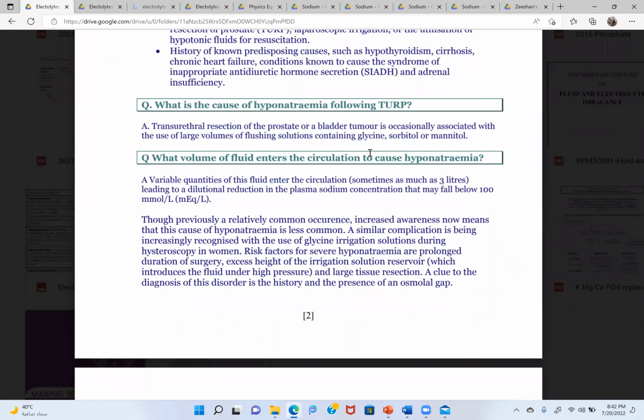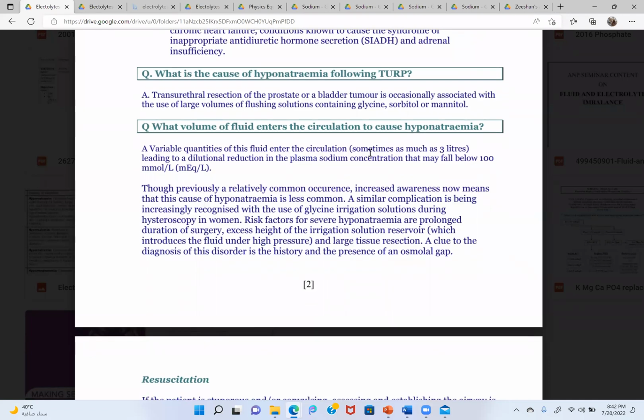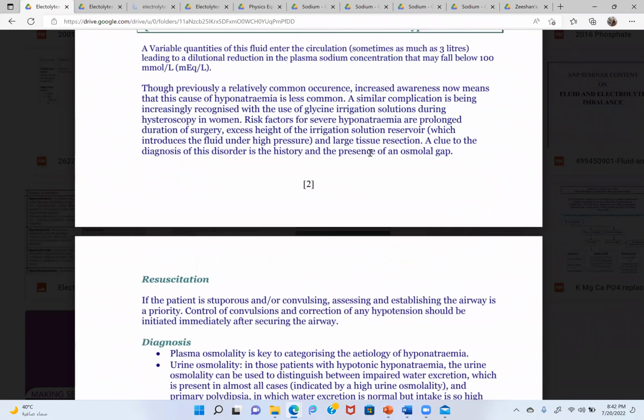And this is a question related to TURP, but here they have mentioned that the duration of the surgery, height, is very important, and how much tissue they are resecting. Okay. So usually they are saying that even up to 3 liters can be absorbed, so there is dilution, a reduction in the plasma sodium concentration that may fall below 100 even. Okay. So usually the symptoms will occur after 120 usually.